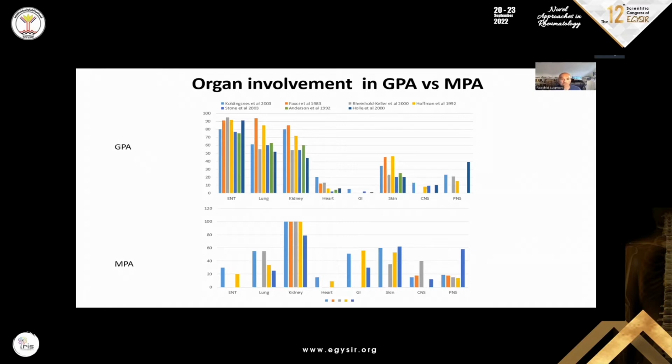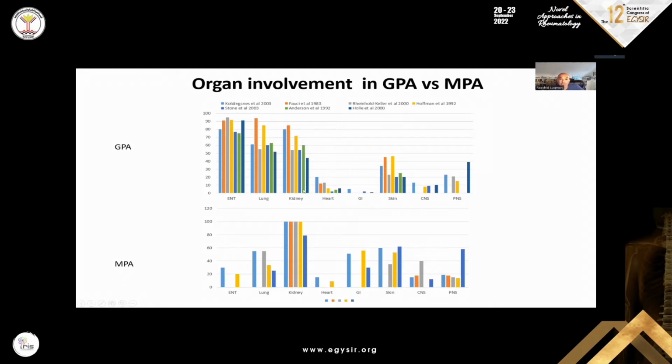polyangiitis. And you can see here in these two graphs the individual involvement of different organ systems in these two diseases, and you can see the pattern across different clinical studies showing the dominance of upper airway, ENT, lung, and kidney disease in GPA, whereas in microscopic polyangiitis, by contrast, the kidney and the skin, to a lesser extent the lung, are involved.